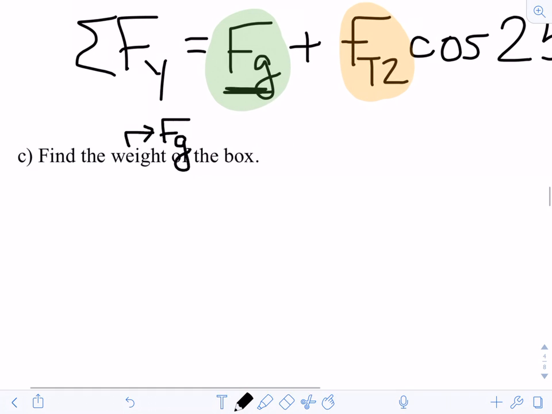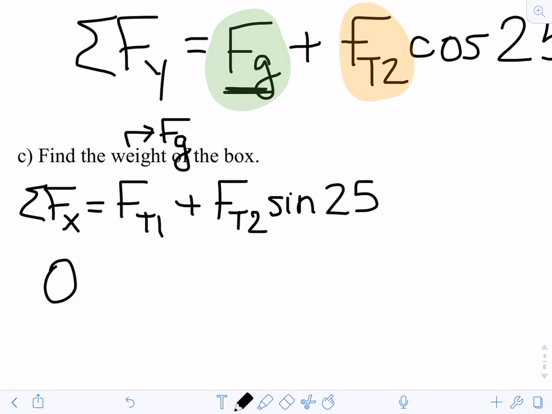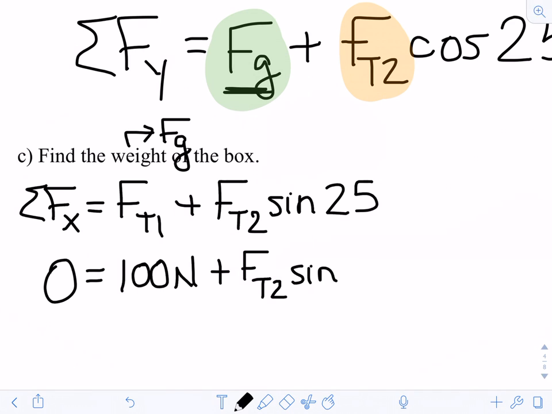So we're going to start with all the forces in the x direction, which is FT1 plus FT2 sine of 25. So Newton's first law says that these forces should sum to 0. So we got 0 is equal to 100 newtons plus FT2 sine of 25.